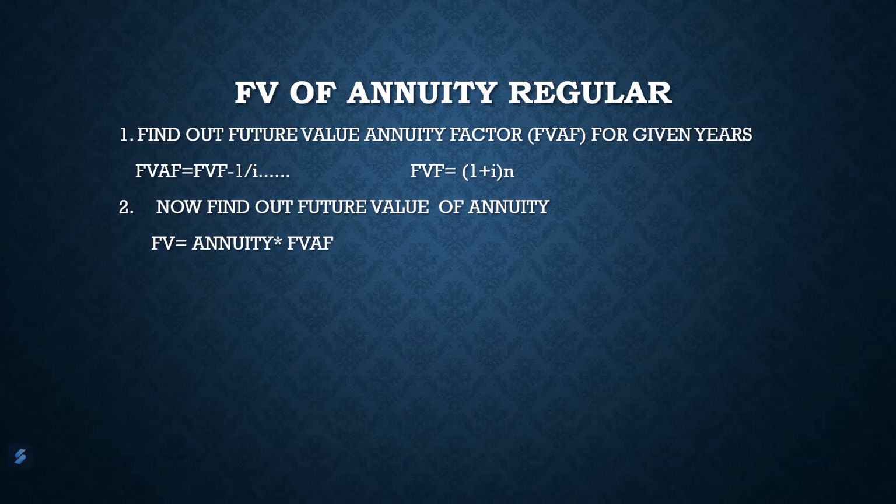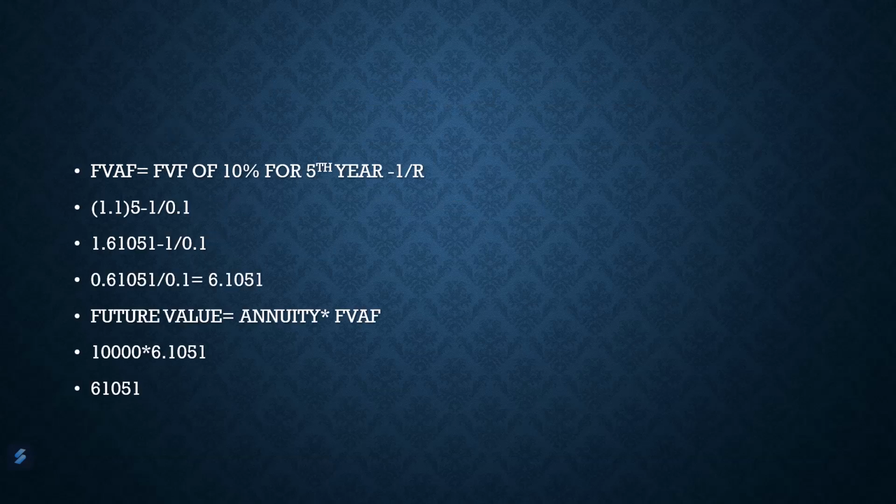After finding the future value factor, you have to subtract 1 from it and divide the numerator by your rate of interest, that is i or r. The answer is the future value annuity factor, which you have to multiply with your annuity amount, which is 10,000 rupees. 10,000 rupees into future value annuity factor is equal to your future value, which is your answer.